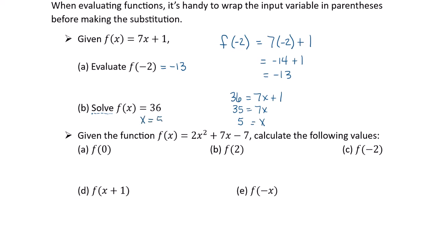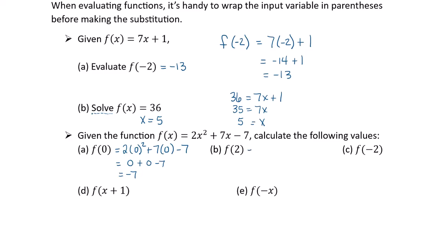X equals 5. Now, given the function f of x equals 2x squared plus 7x minus 7, let's calculate the following values. F of 0 is going to be 2 times, go ahead and write your function this way, put in the 0. So I have 0 squared is 0 times 2 is 0 plus 7 times 0 is 0 minus 7, negative 7.